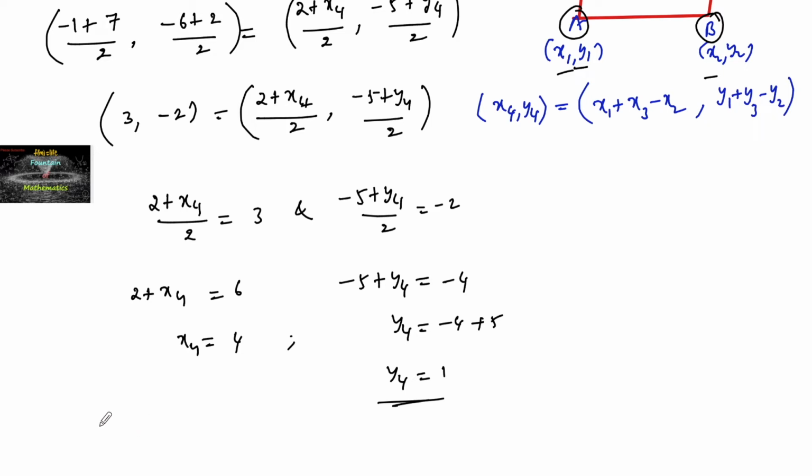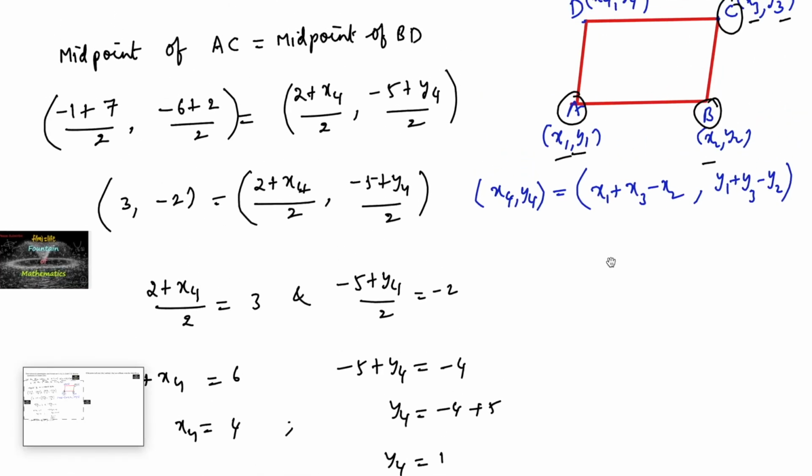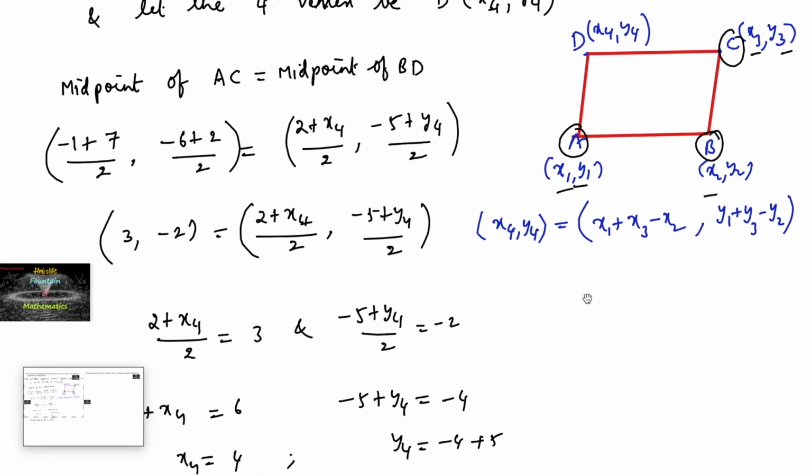So we got the coordinates, therefore the fourth vertex of the parallelogram is (4, 1). We will observe the same answer by using the shortcut also.